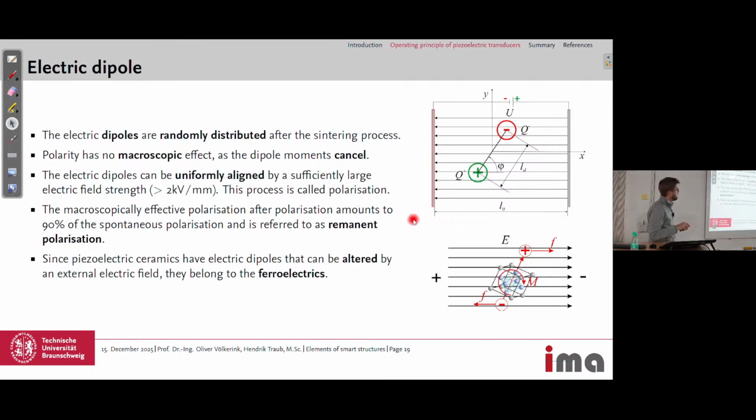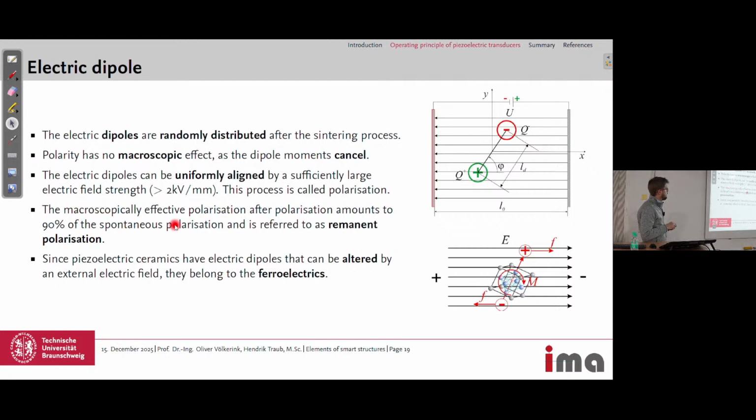So we have this dipole, and we apply an electric field, and then all the dipoles rotate and have nearly the same orientation. After this polarization, we can use the effect, let's say, on a macroscopic level.